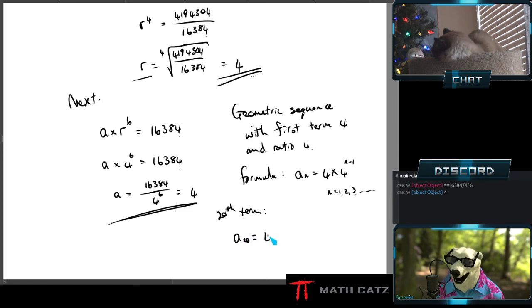I can calculate that as 4 times 4 to the 20 minus 1. Now, let's see what that is. 4 times 4 to the power of 19. So I need two equal signs, right.